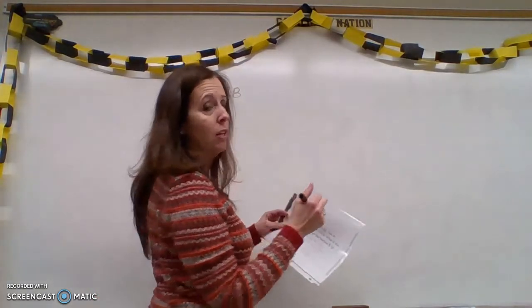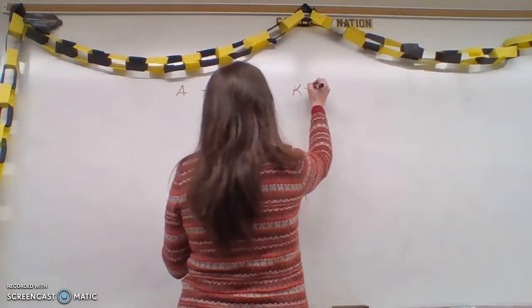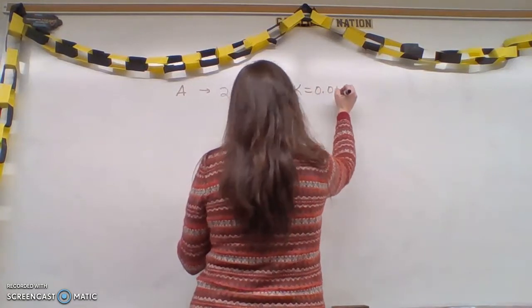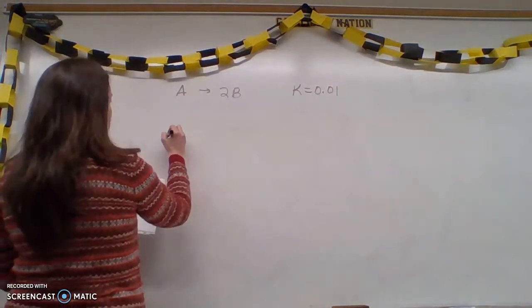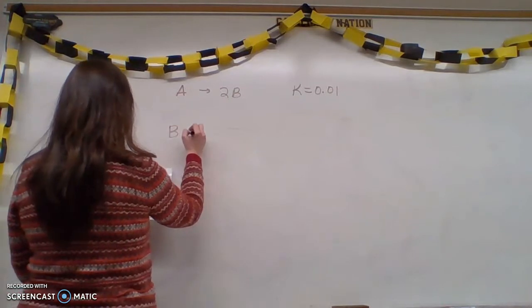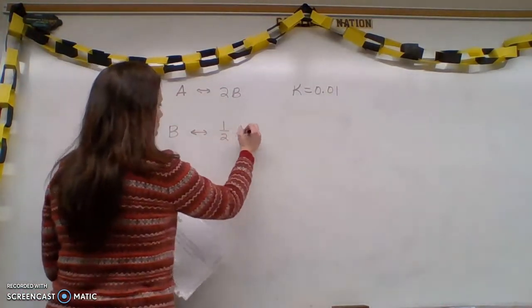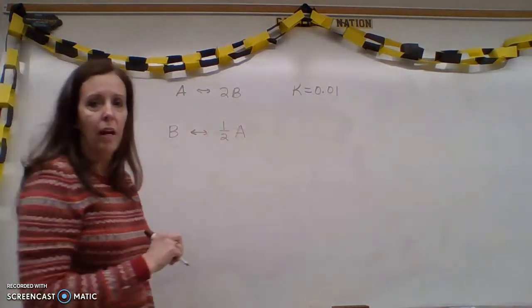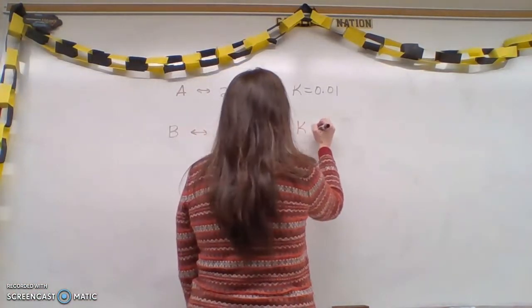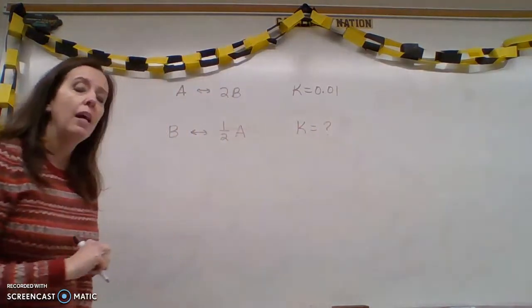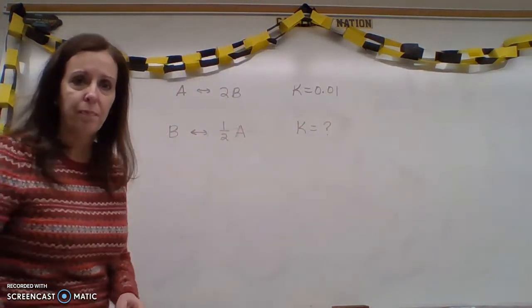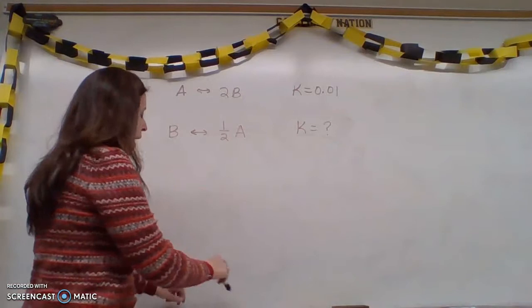I'll tell you when it changes, and it will change. K equals that. And I want to know what K is going to equal on this reaction, okay? So I'm giving you one K, and I'm asking you to find the other K, all right?